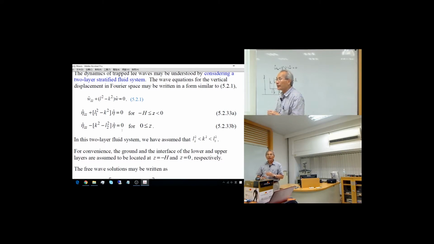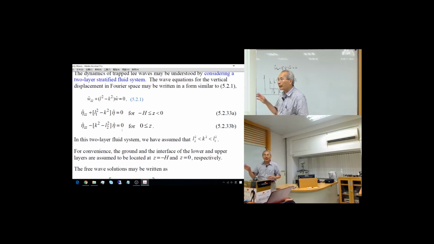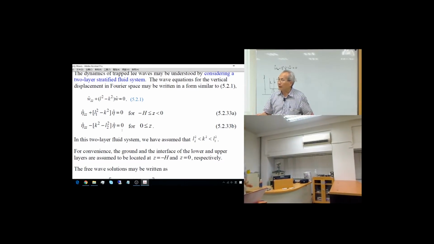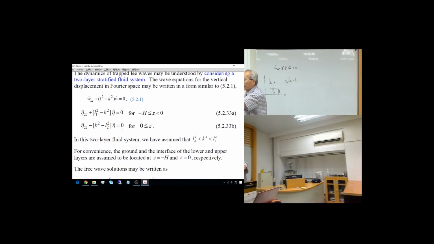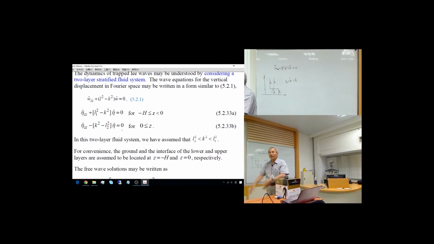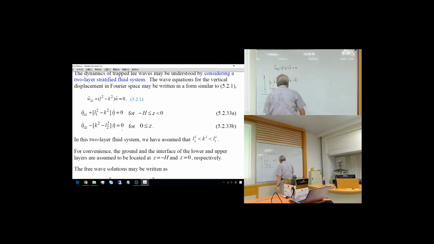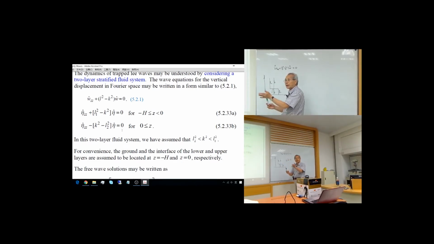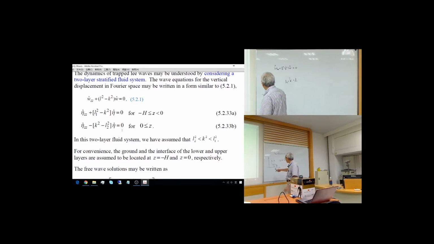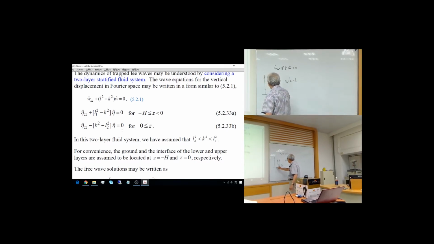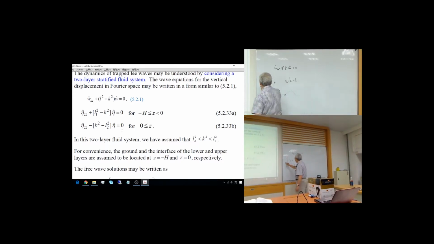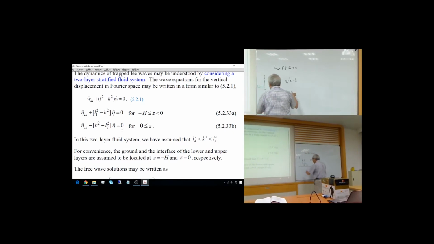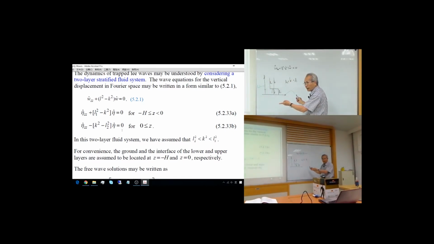Remember that? In that case we didn't have forcing, and now we have forcing. Now you have an idea about the free wave without friction, without forcing. Now, if we put a mountain in and have flow coming in, then see what happens.